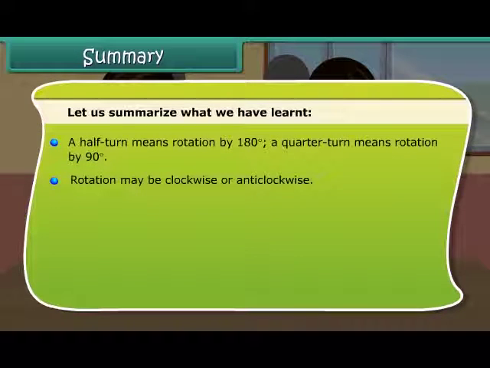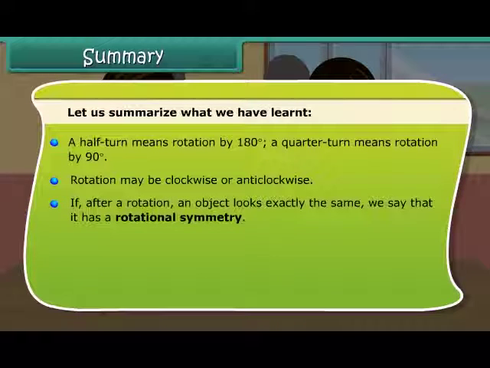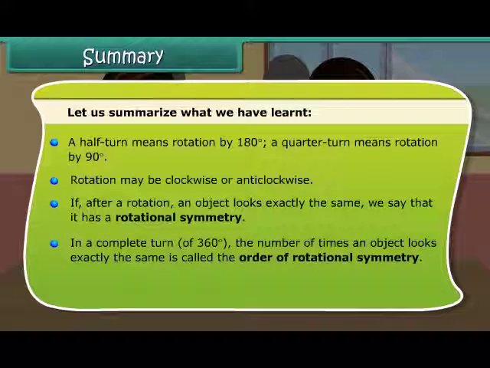Rotation may be clockwise or anti-clockwise. If after a rotation, an object looks exactly the same, we say that it has rotational symmetry. In a complete turn of 360 degrees, the number of times an object looks exactly the same is called the order of rotational symmetry.